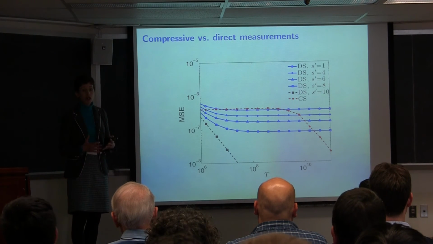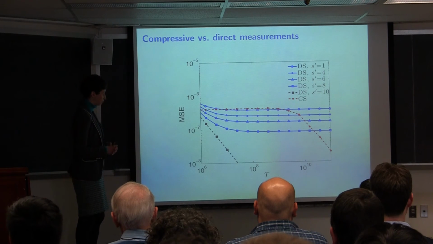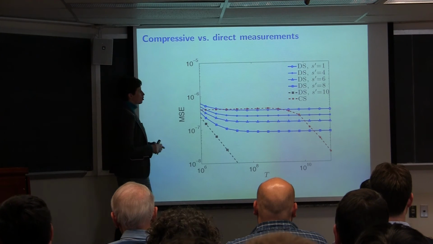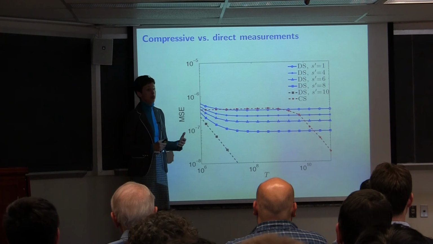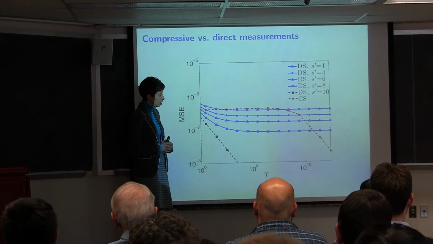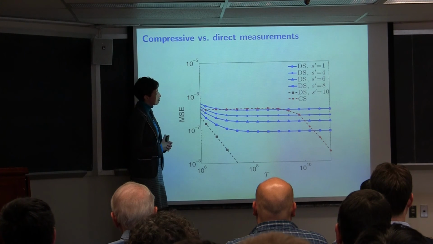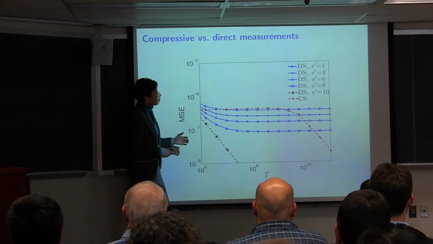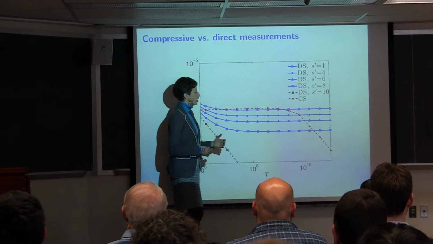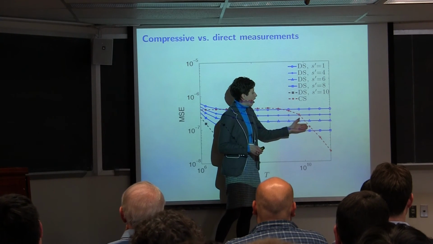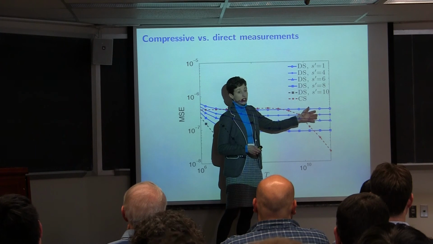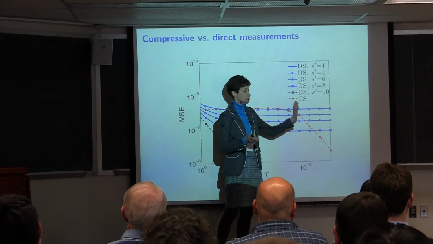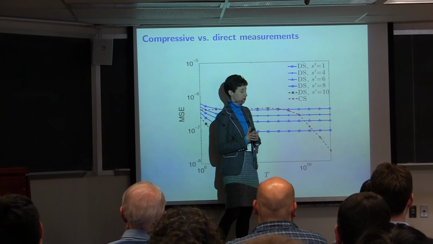If I want to build a night vision camera, for instance, that's going to try to produce images with very small numbers of photons, then my inclination might be to say, well, let me use compressed sensing. But what this result tells us is that we're not really going to get a huge advantage out of compressed sensing until we are in very high light settings, in which case we might not need a night vision camera at all.